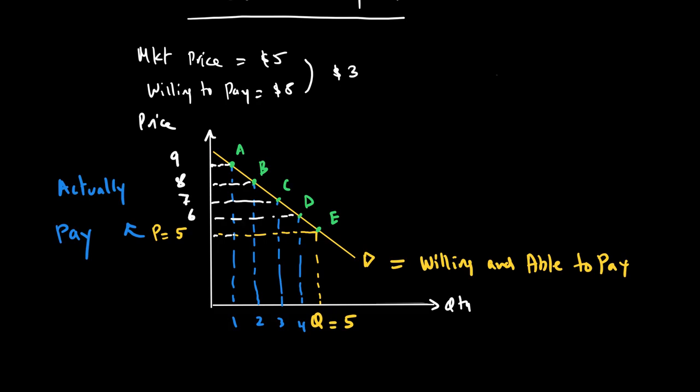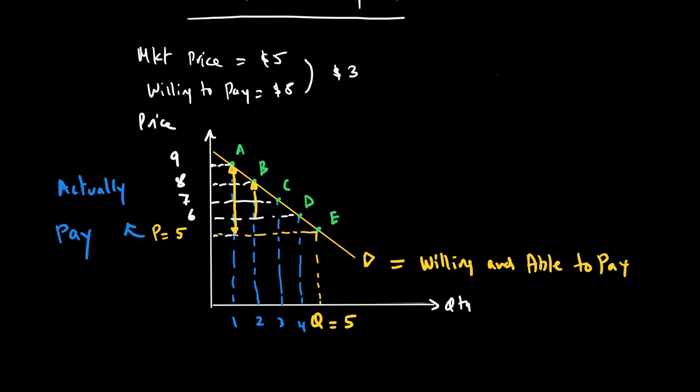For all units except the last unit bought, I am willing to pay much more than the market price. Do I pay that much more? The answer is no. I only pay the market price. So for the first unit, I am pocketing this much of what we call consumer surplus, which is the difference between what we are willing to pay and what we actually pay.